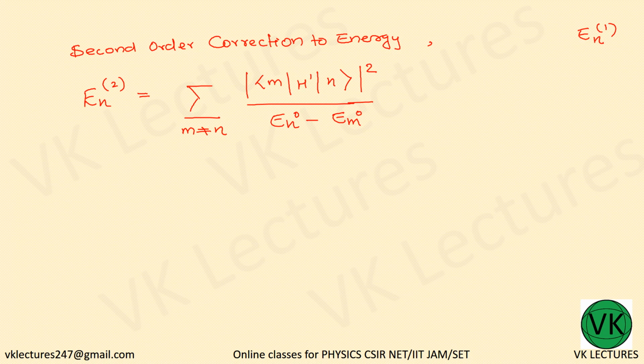So this is the second order correction to energy. M and n are the different states. En naught is the unperturbed energy in the nth state. This is the unperturbed energy in the mth state.